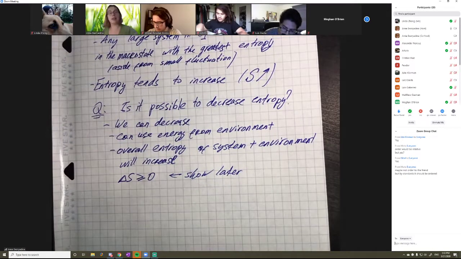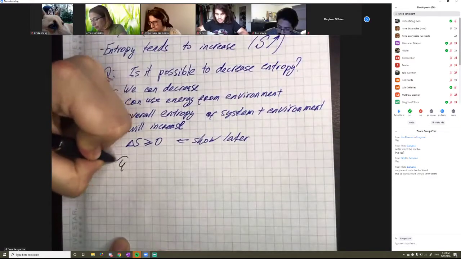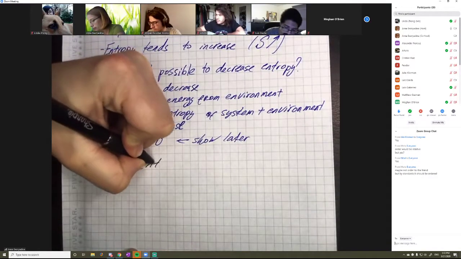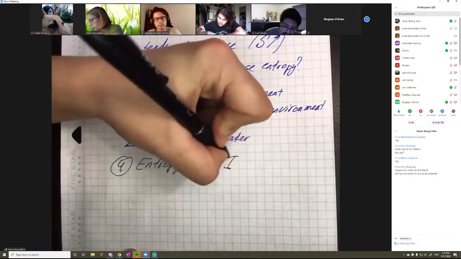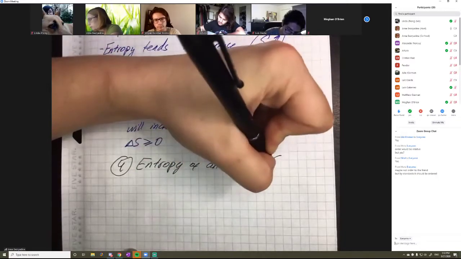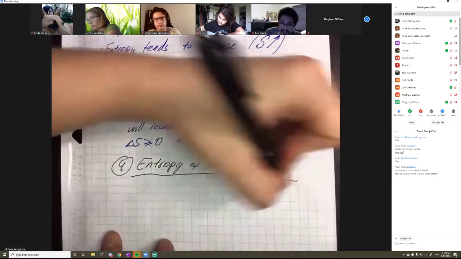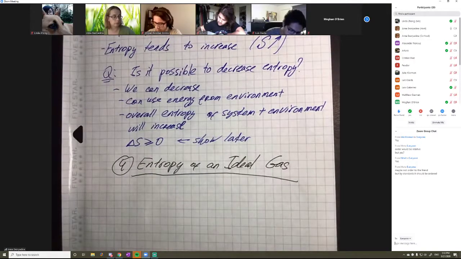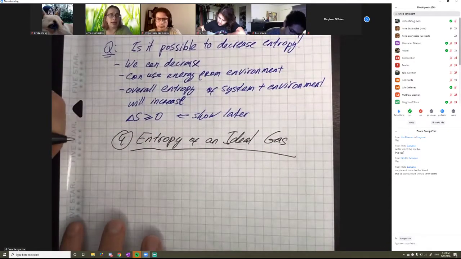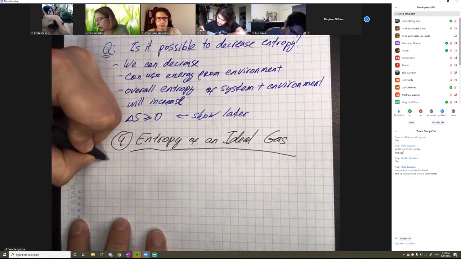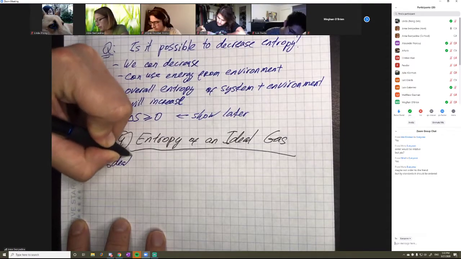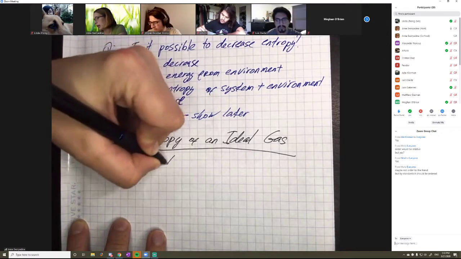Okay. Now let's move on. Let's talk about entropy of an ideal gas. So let's talk about what the multiplicity of an ideal gas with n particles is. So we have an ideal gas, n particles.